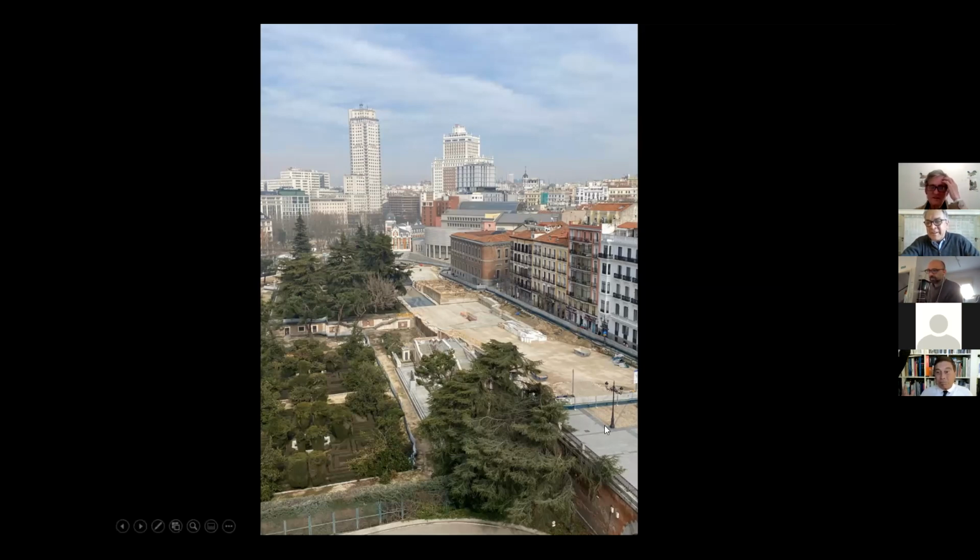We've been fortunate this week to meet with some younger architects and some of your former students, and we're learning a lot about Madrid and now about the recent work at Plaza España. So thank you for joining a little bit early.